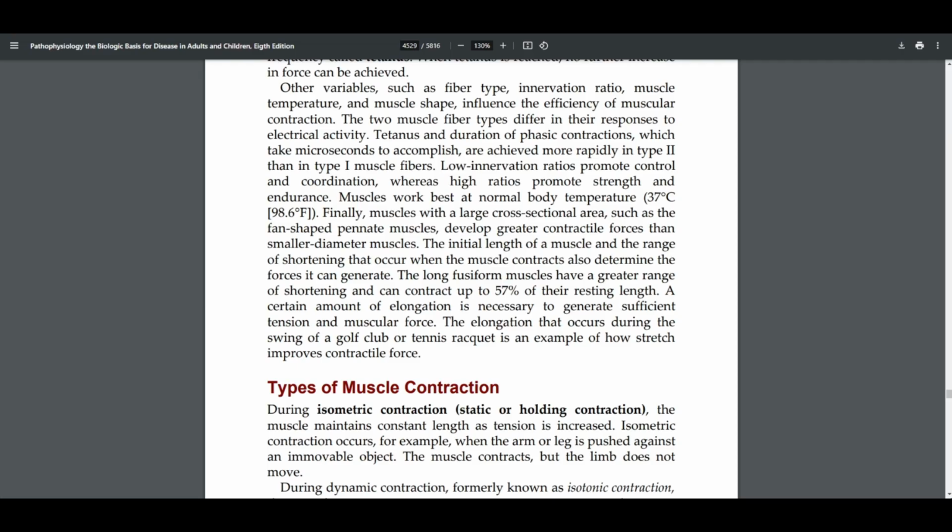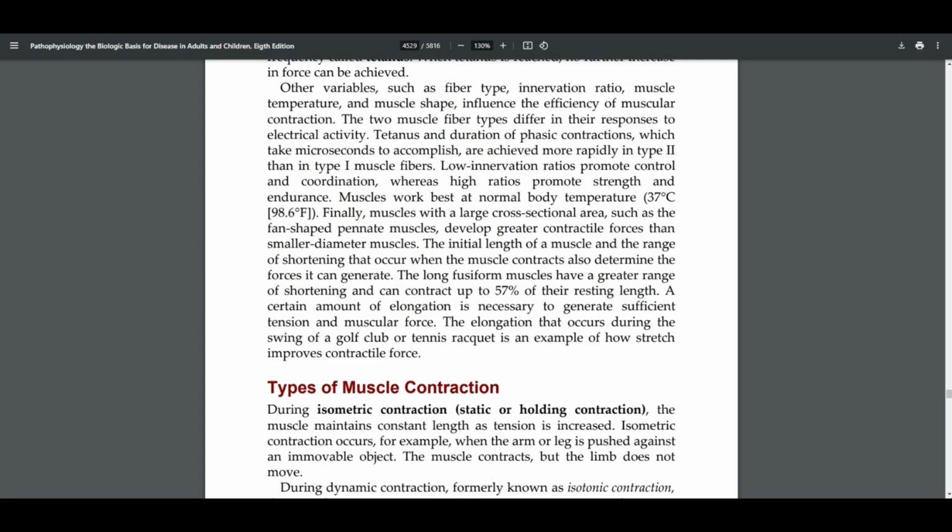Finally, muscles with a large cross-sectional area, such as the fan-shaped pennate muscles, develop greater contractile force than smaller diameter muscles. The initial length of the muscle and the range of shortening that occurs when the muscle contracts also determine the force it can generate.